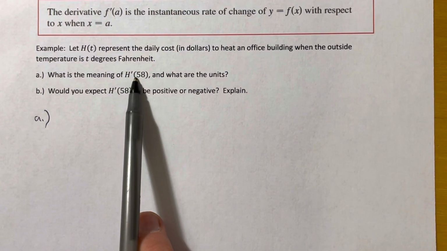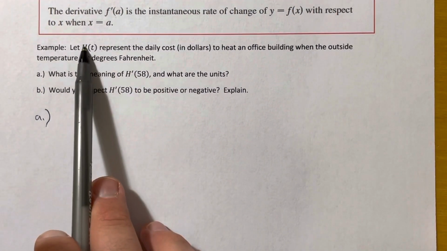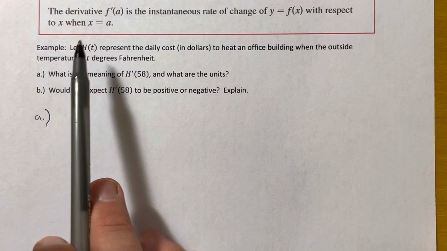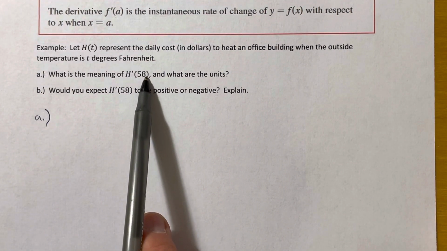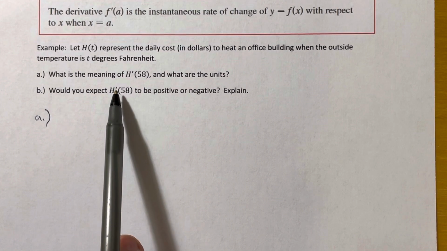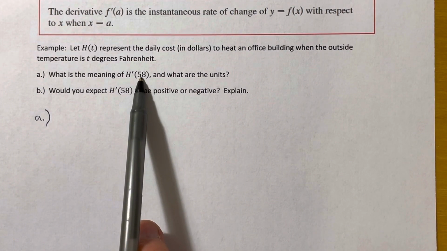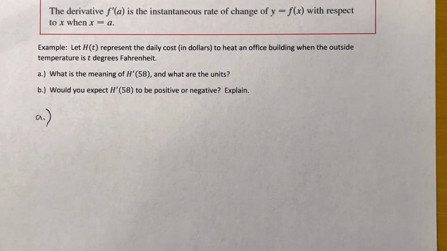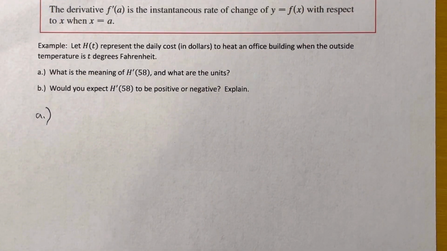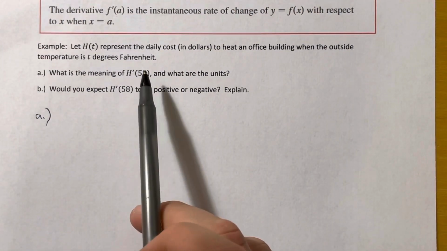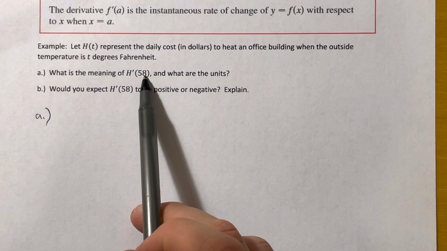Well, this is talking about a derivative, specifically the derivative of the function h when t is equal to 58. Now remember, t represents degrees Fahrenheit. So right away, the fact that there's a 58 in here means we're looking at the value of this h prime thing when the temperature outside is 58 degrees Fahrenheit.